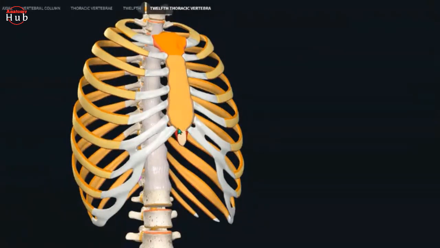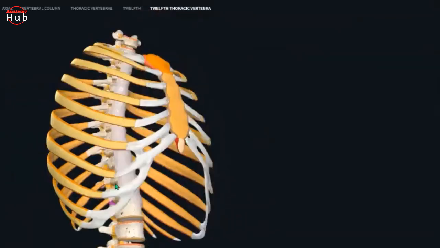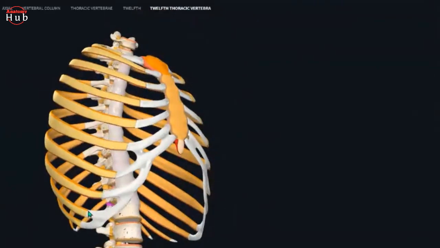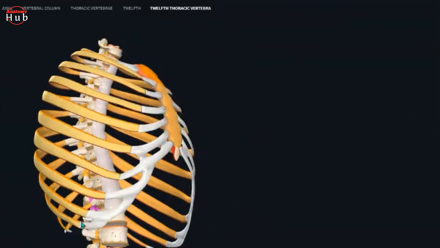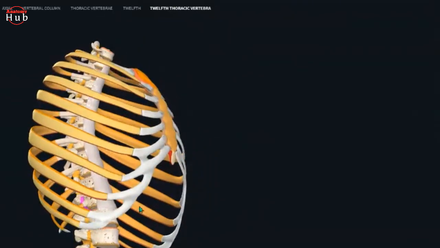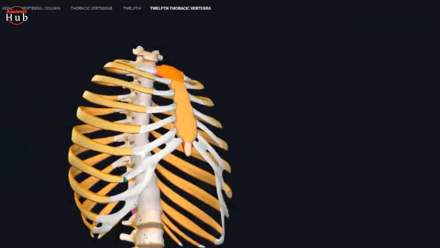The seventh is mostly at the body, but some part at the xiphoid process. The eighth, ninth, and tenth articulate with the seventh one, and then the seventh will articulate with the sternum.